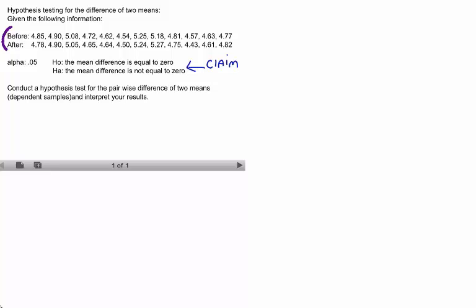For this particular problem, we won't write out a specific scenario, but instead we'll look at a before and after, and we'll let this be about anything.